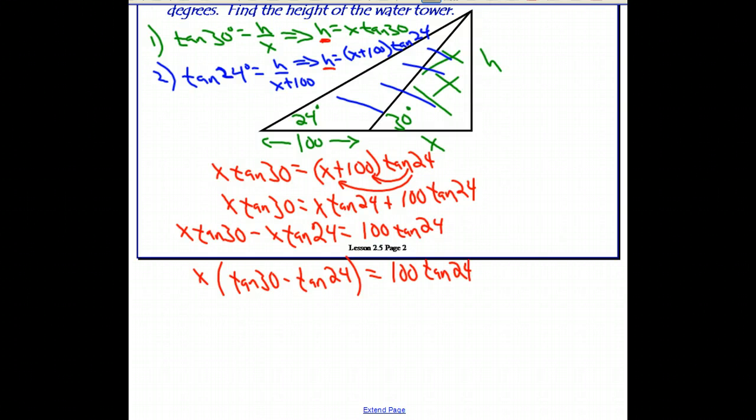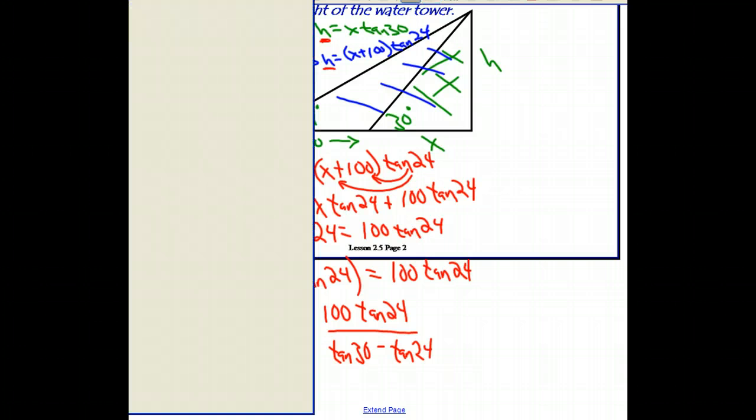I divide. And so here again you might look and say, oh, I could just memorize where to put all these numbers because it's the same form as the last problem. 100 tangent of 24, the small angle, and then subtract the big angle minus the little angle. All right, let's get our height.